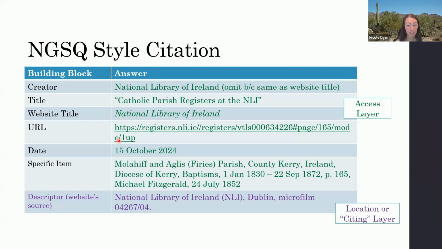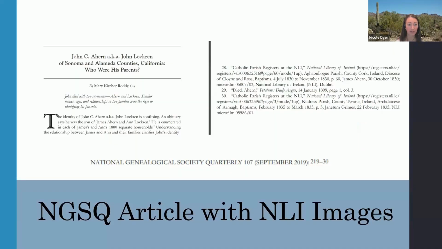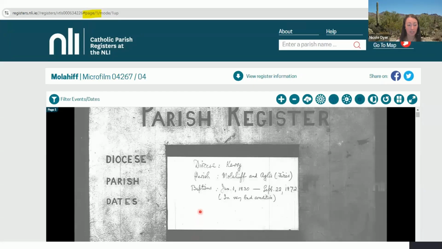Then we have the specific URL going to page 165, the access date, and then the details about the specific item. So following the way Mary Kircher Roddy did it, we can put the parish, the county, Ireland, the diocese, baptisms, the date of the baptisms. Now going back to the very first image, this image is really important because it gives us the information about the parish register.